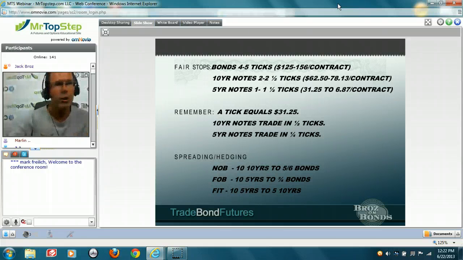And that's what you can do. You can enter a 5-year trade when the bonds are hitting a trigger, or you can enter a 10-year trade when the bonds are hitting a trigger. Now again, you don't get the bang for your buck, but you're in the market at a good spot and you have lower risk.